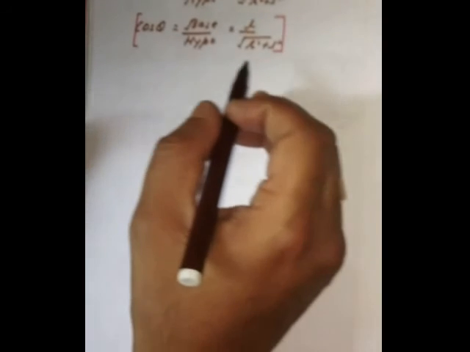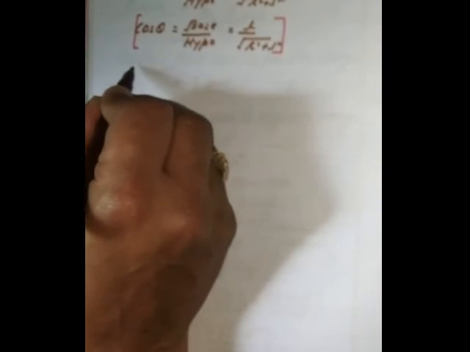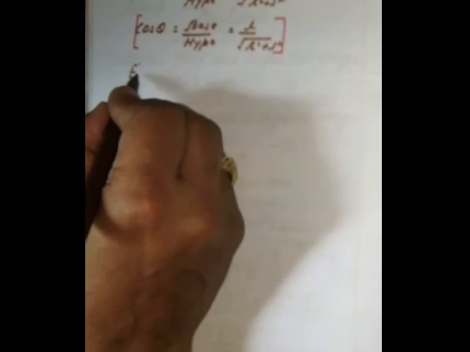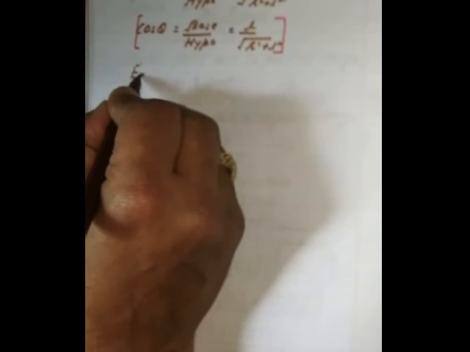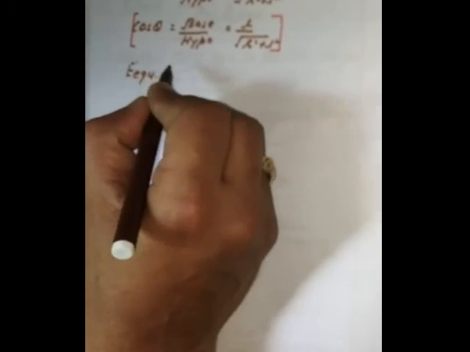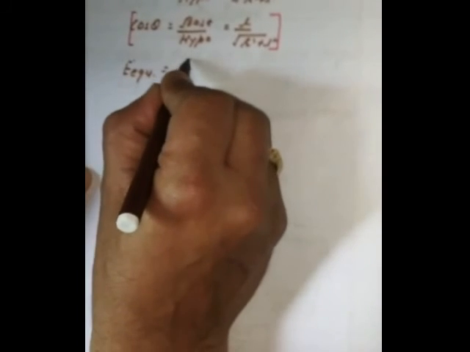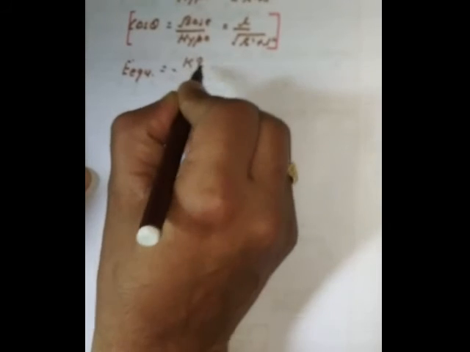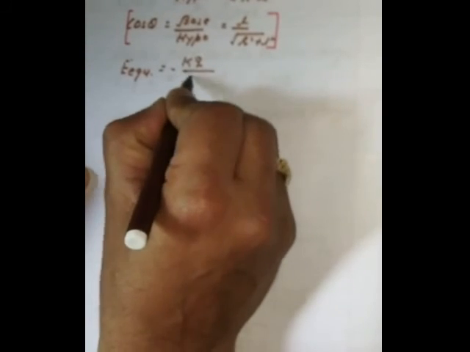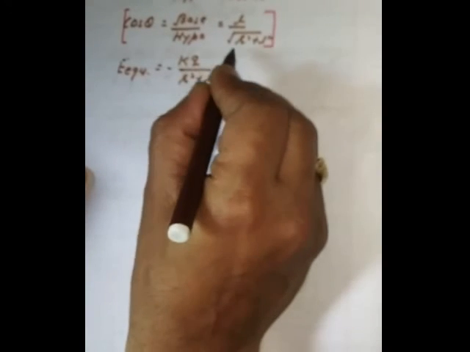So the equation looks like: electric field at equatorial position equals negative of kq upon r square plus L square.